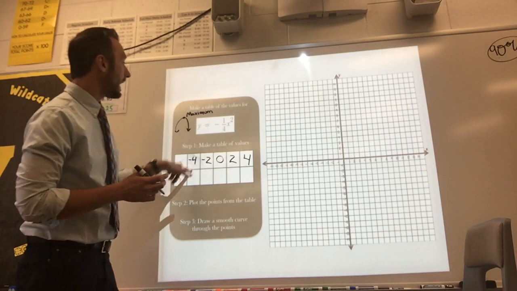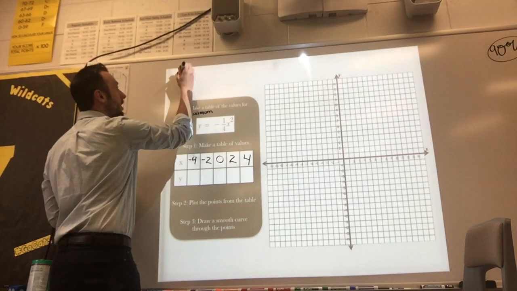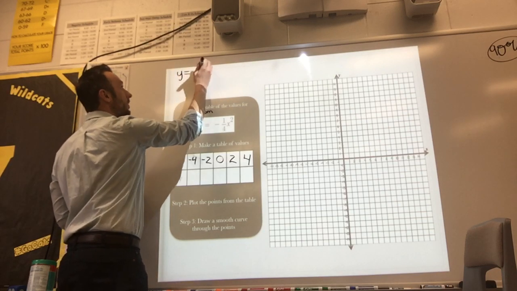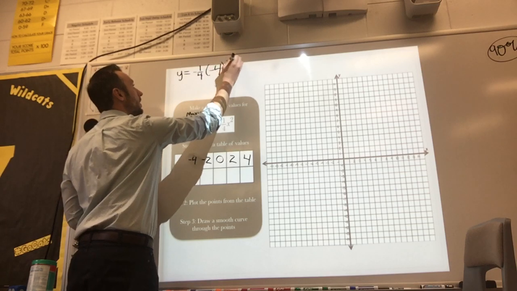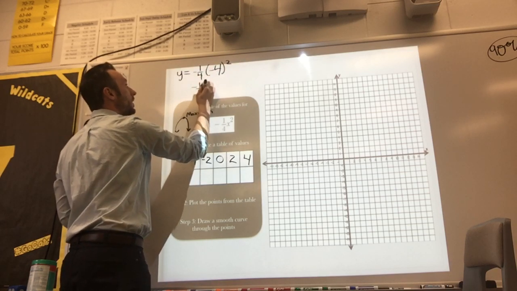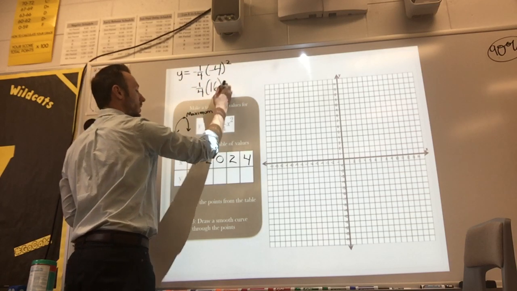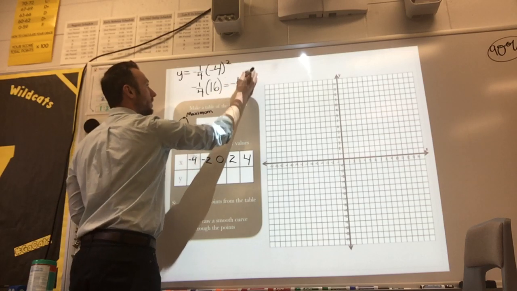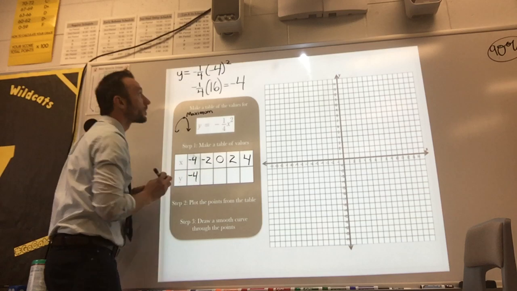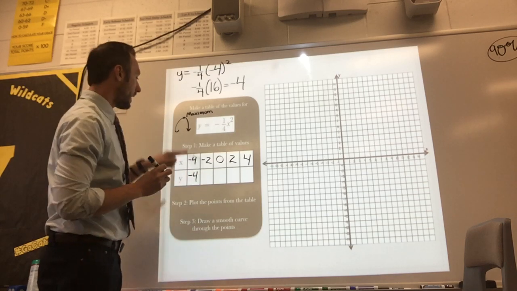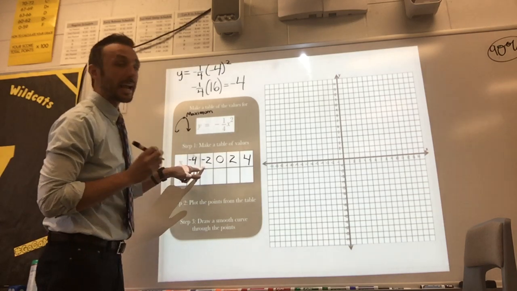So if I plug in negative 4 for x, I'd be left with y equals negative 1/4 times negative 4 squared, or negative 1/4 times 16, or it'd be equal to negative 4. So my first point is negative 4, negative 4. Let's do the same thing for x equals negative 2.